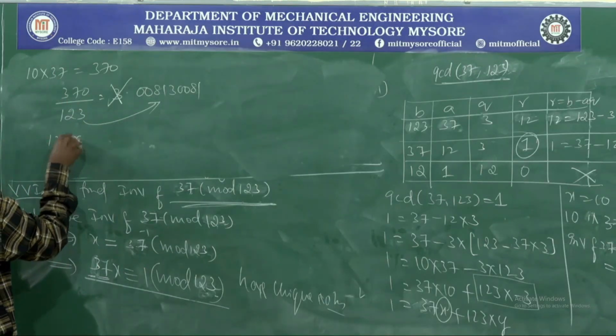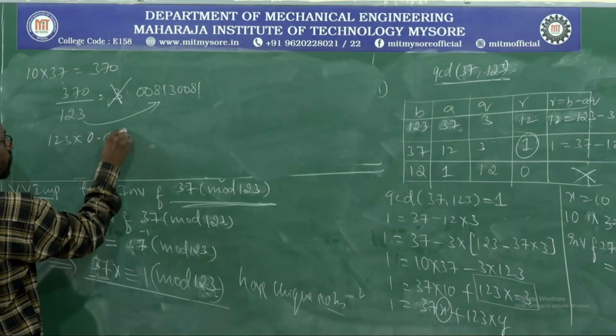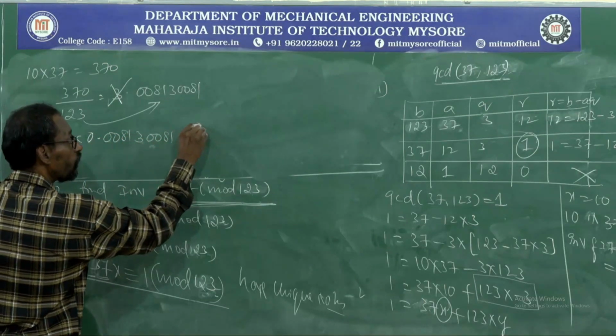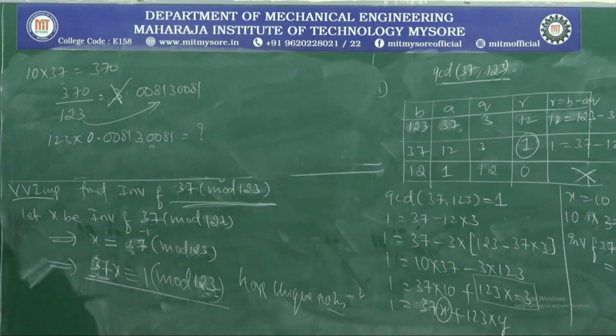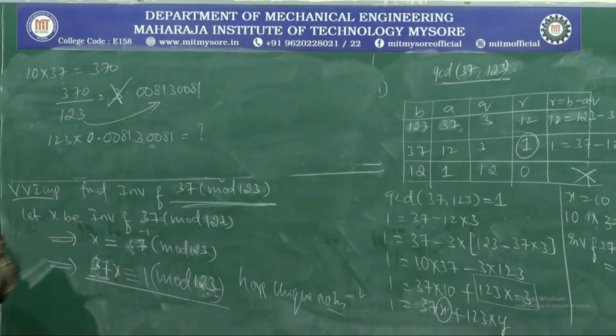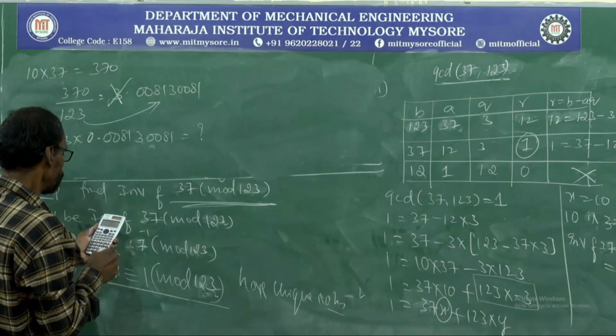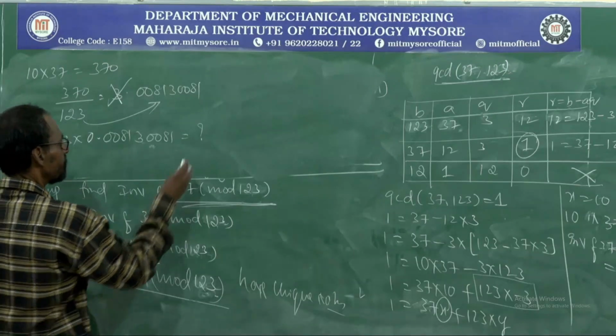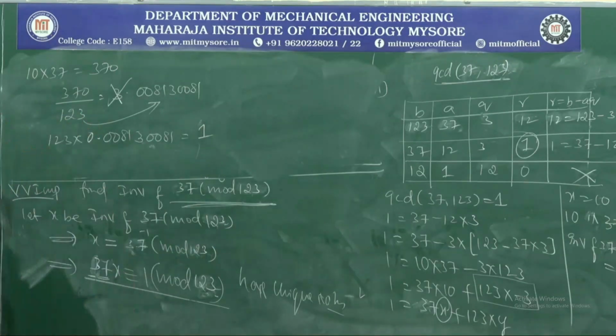Now multiply 123 by the decimal part. So we have 123 times 0.00813081. What are you expecting? You are checking whether 10 is going to be the inverse. You are expecting the answer to be 1 here. You can use the calculator to cross check it. Yes, the answer is 1. See the magic.